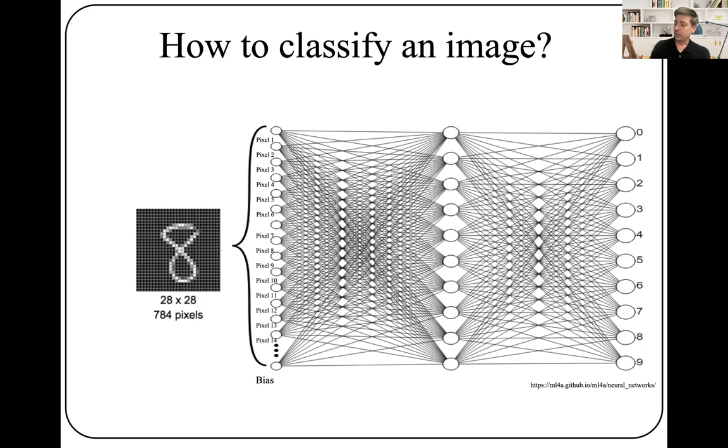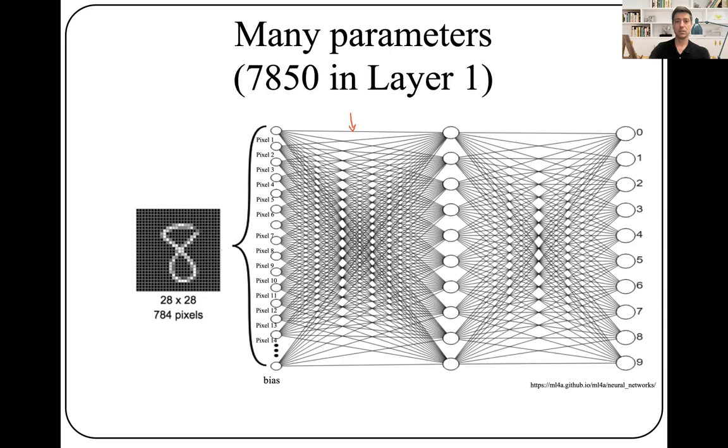So how many parameters do we have, right? So the parameters are the weights of the connections in the network. So here we have, again, 785 neurons in the input. In this particular example, we have 10 neurons in the hidden layer. So this is just an arbitrary choice. We could have used more or less.